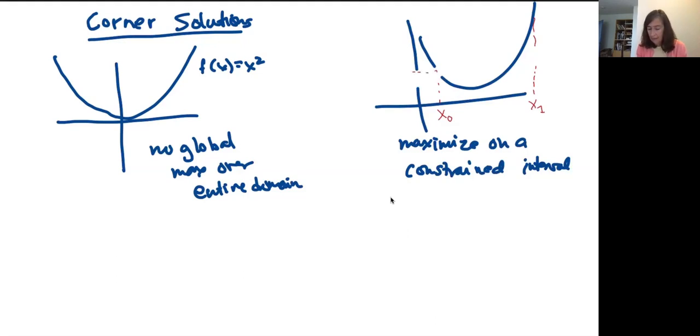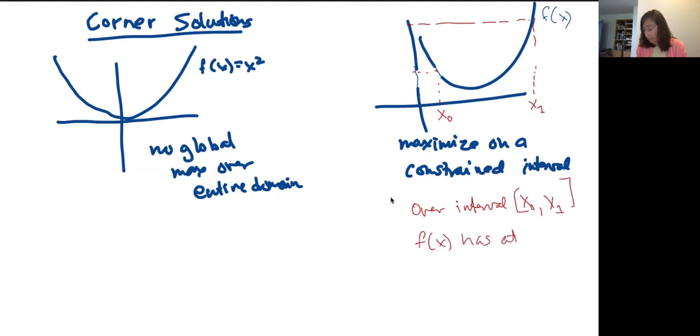Let me bring back my inadvertently erased axis and function here. Okay. So over the interval x0, x1, f of x, here is my function, does have a maximum at x equals x1.